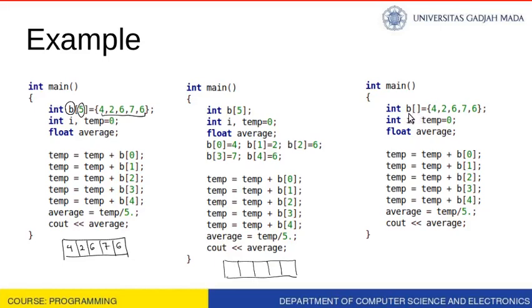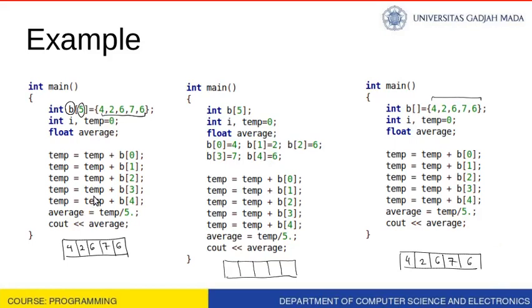And then in this one, we declare the array of B, but we do not explicitly provide the size of the array, we just put the initial value of the B. So we have 4, 2, 6, 7, and 6.